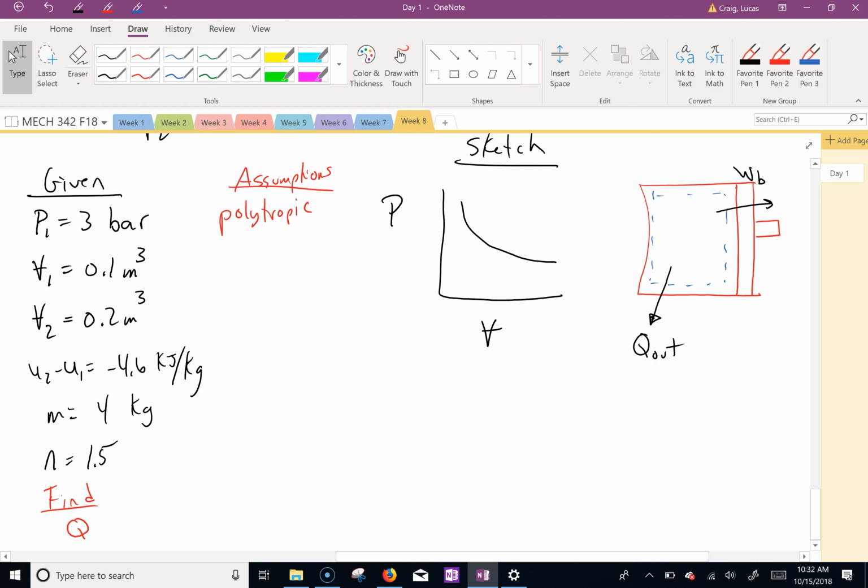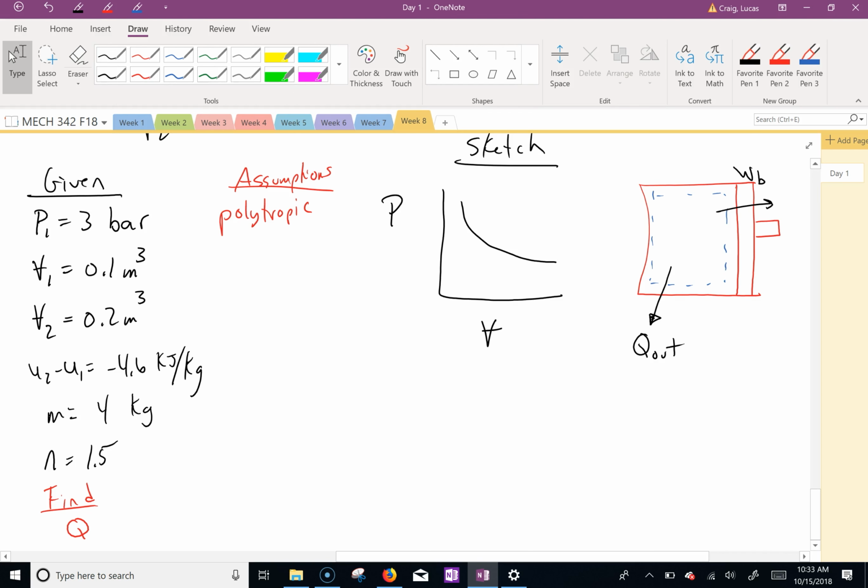So what we have is 4 kilograms of, does it say what gas? No, this says a certain gas. And the process is a polytropic process. It expands out, the piston does. All right. And you have the initial volume, the final volume. There's some change in internal energy between the system.